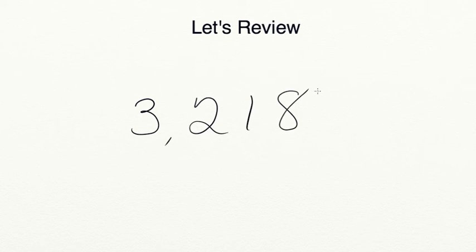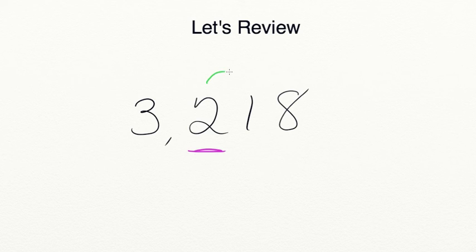Let's review what you've learned in today's lesson. We are going to round the number 3,218 to the nearest hundreds place. Step 1. We have to underline the place value that we're rounding to. Since we're rounding to the hundreds place, we need to underline the hundreds place. Step 2.